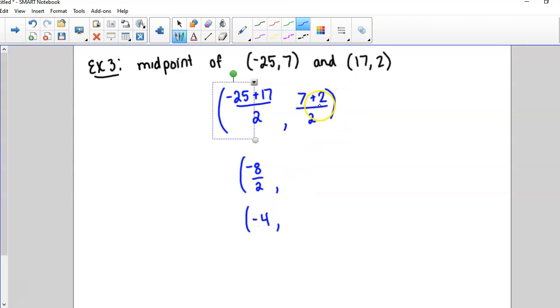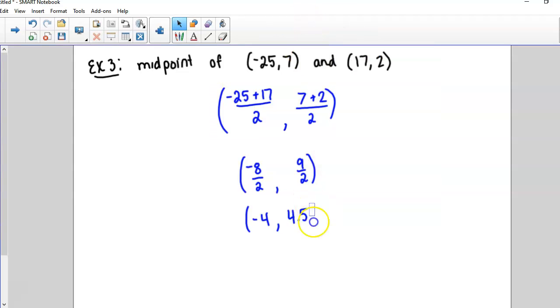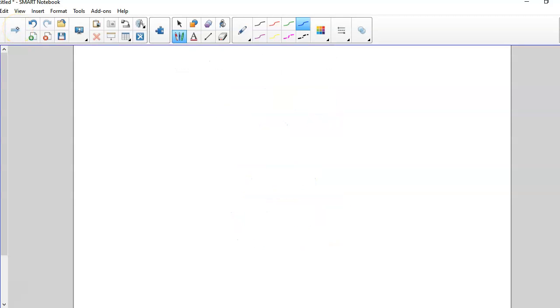Over here for our y coordinates, 7 plus 2 is 9 divided by 2, and then 9 divided by 2 is 4.5. So we have our midpoint right here. And you can always graph it to see if it looks right. These numbers are pretty big, so it's going to be a little hard to graph on graph paper. Let's do another.